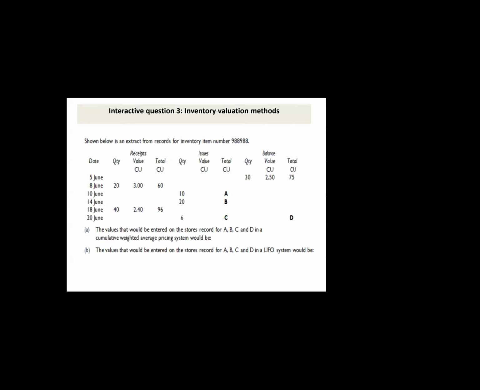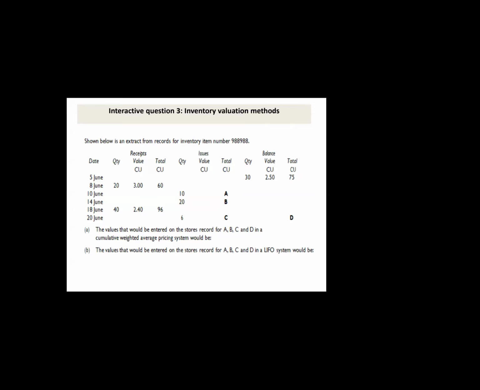So 27. Then the value of B, 20 units, so 54. Then on 18 June, we received 40 units at the rate of 2.40, that is 96.